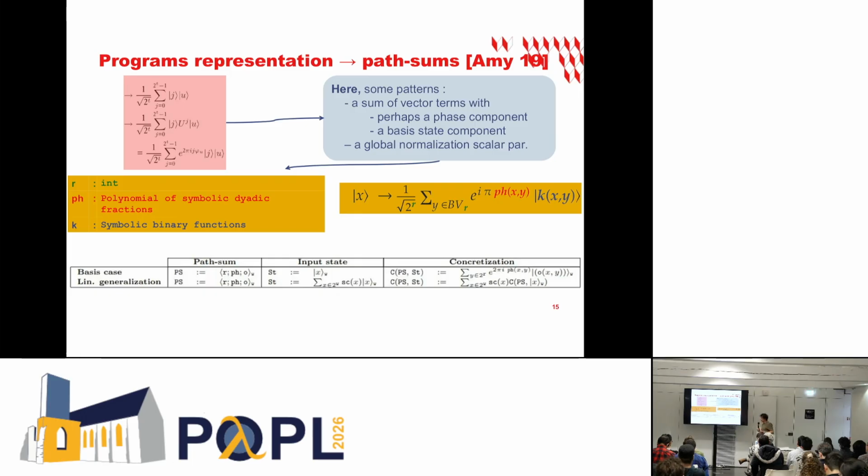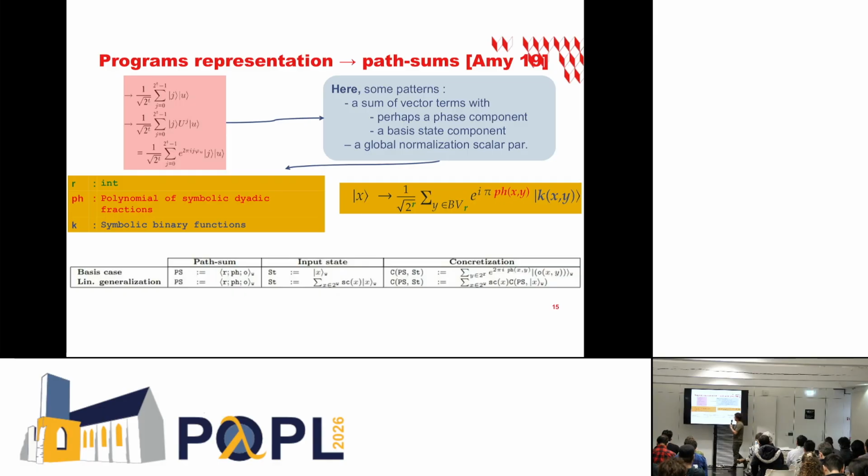This generic shape consists of, again, a phase factor that is a function of the input and the index of the path, or of the vector term that we are in. Then an output function, again a function of the input and of the path we are in, that is basically a vector of binary functions pointing to the computational basis.